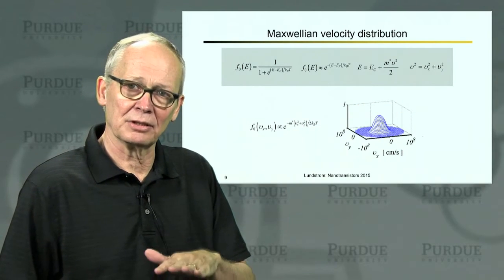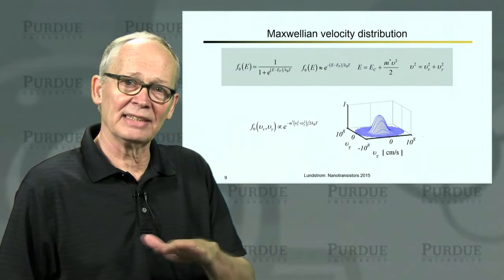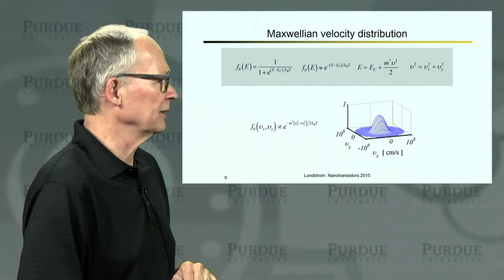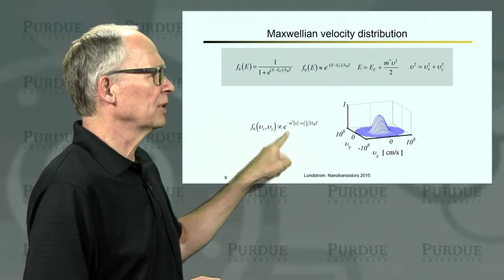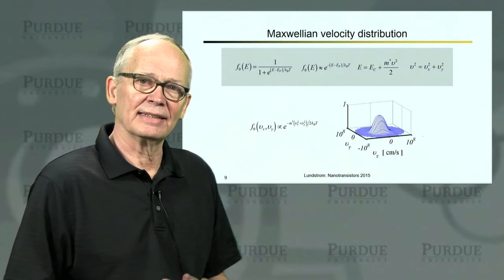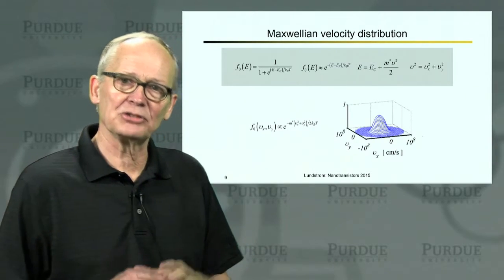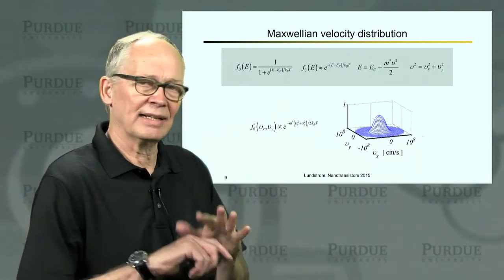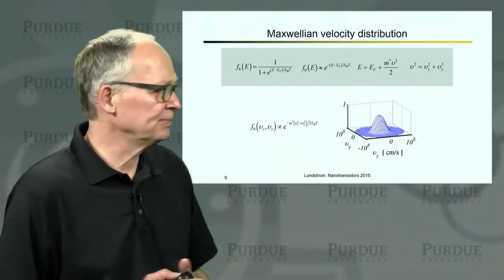It corresponds to the motion of the electrons in the xy plane of the channel. They're two-dimensional electrons. And we end up concluding that the electrons are distributed in this Gaussian or Maxwellian distribution of velocities. If we plot it in the xy plane, we get a nice symmetrical distribution.